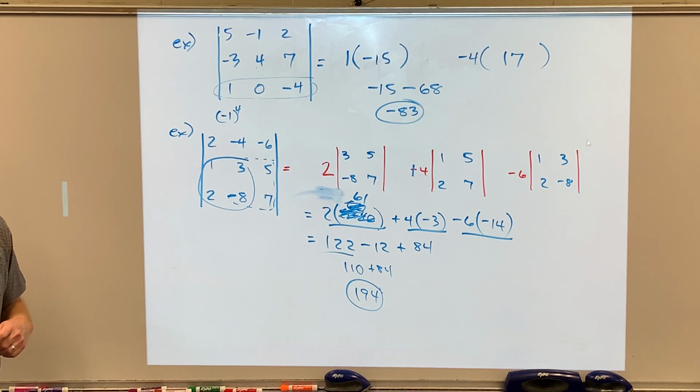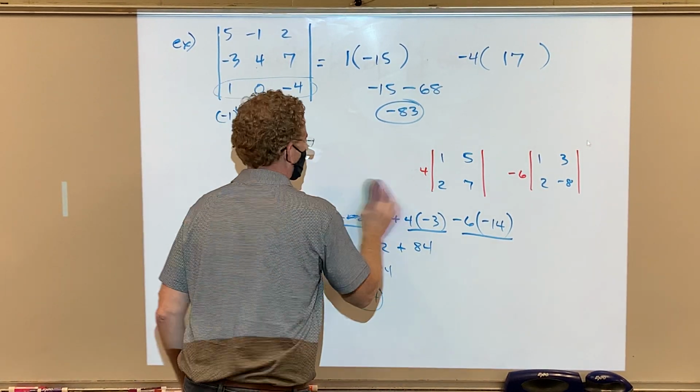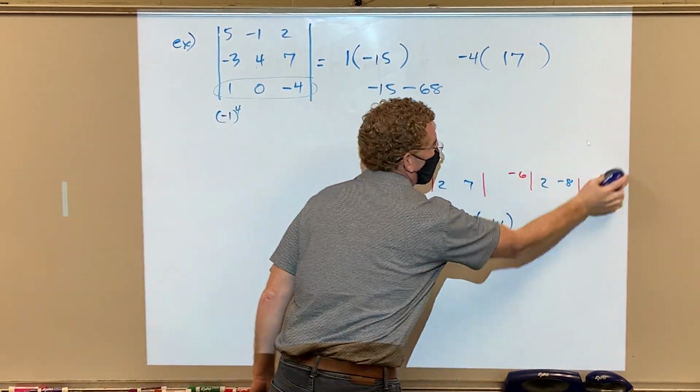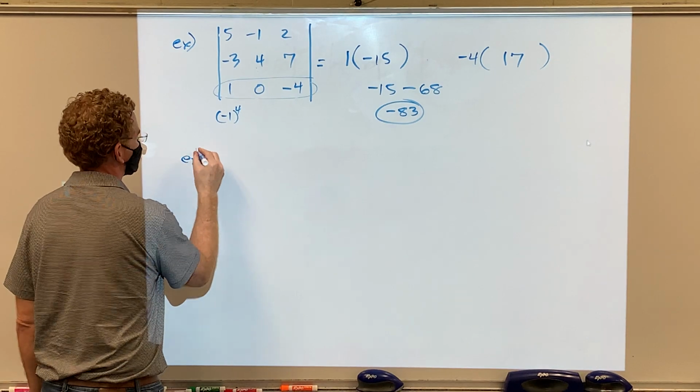to me. But I want you guys to know, you'll have time on your test to do these, but you're going to need to be able to do this method. And let me show you a nice way you would see this, where you cannot do the diagonal method. So check this out.